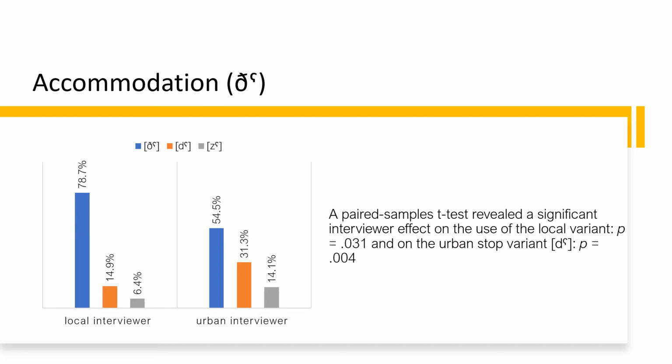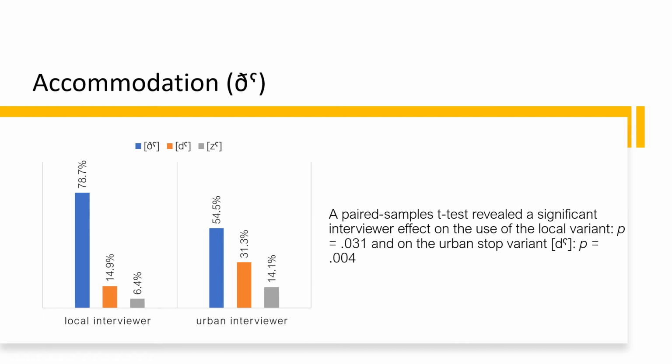Results in terms of accommodation also give some insight into how these two variables are used. And as you can see, speakers clearly use the local variant more with the local interviewer than they do with the urban interviewer.